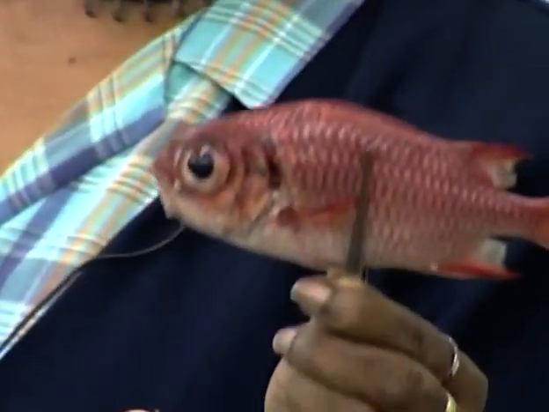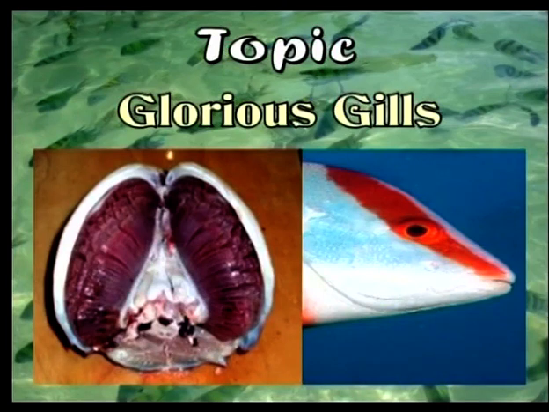Now, in our lesson we will be looking at one part of the fish, which is called gills. Our lesson for today is on gills, glorious gills. I want you to think about what gills are.